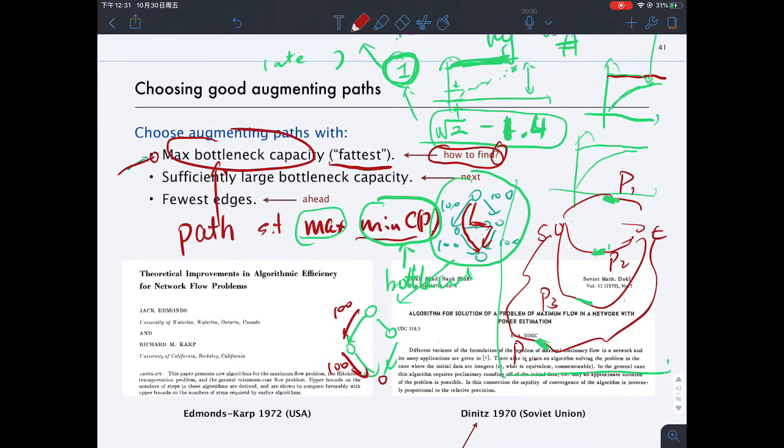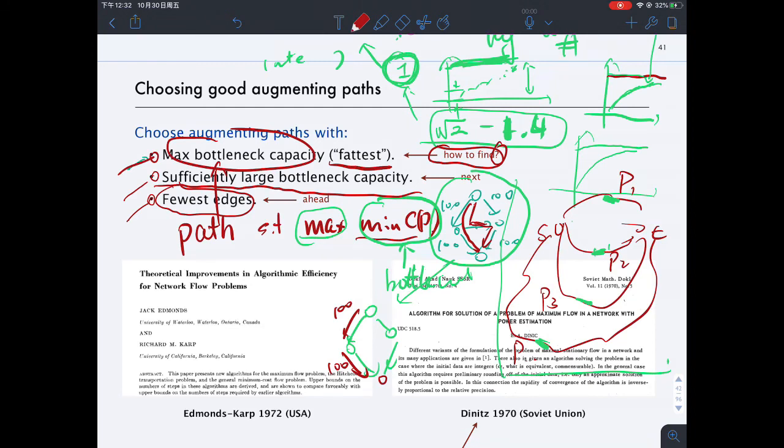What we are going to do is try to mimic this idea of choosing higher quality augmenting paths, measured in terms of the bottleneck, but we cannot exactly choose the fattest one. So this is the second approach: we choose a sufficiently large bottleneck capacity. There could also be other approaches which we are not going to cover in the lecture. For example, an approach that chooses the fewest edges.